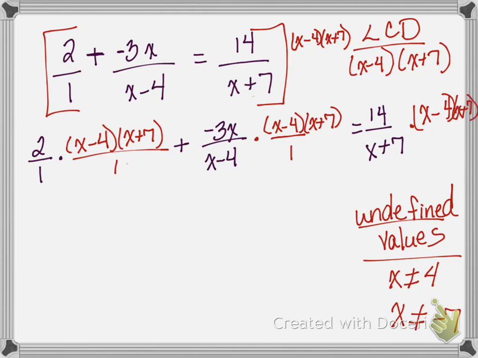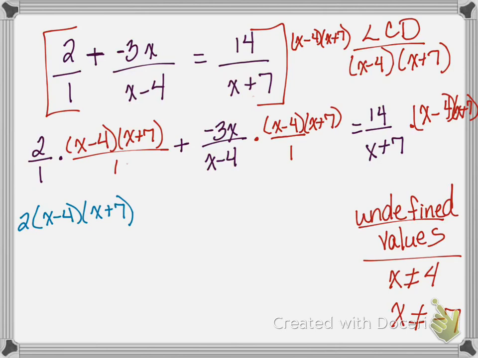Now I'm going to start simplifying. I do not have anything that I can cancel out in my first term, so I'm keeping everything. So I'm going to have 2 times x minus 4 times x plus 7. Mark, I think this is what you were talking about. The way that you would do this is you would FOIL first, then distribute the 2. That's how I would do that.